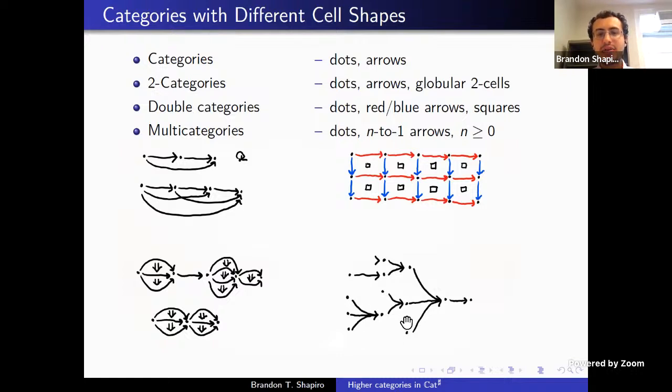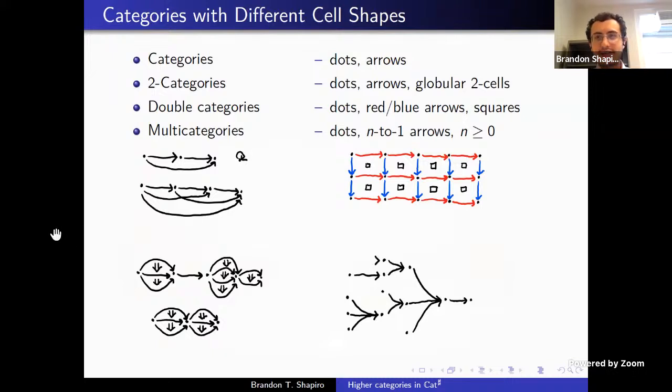And so each of these arrow types is really a different cell shape based on how many inputs it has, and we can compose these in tree formations. And some people will call these operads. I think of operads as the one object multi-categories, but I won't need to get into that.